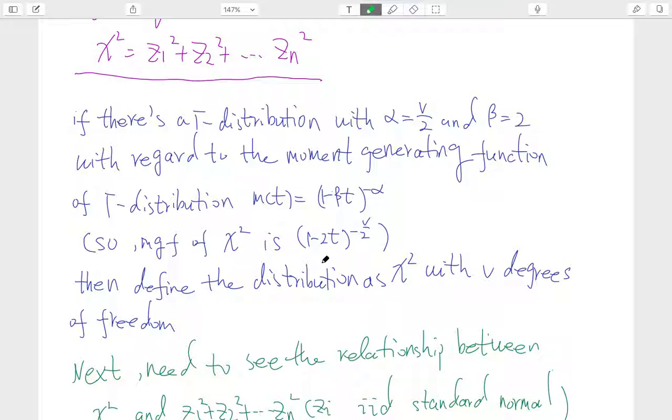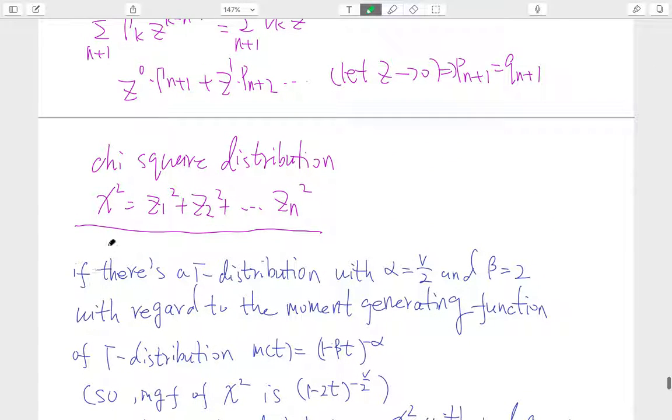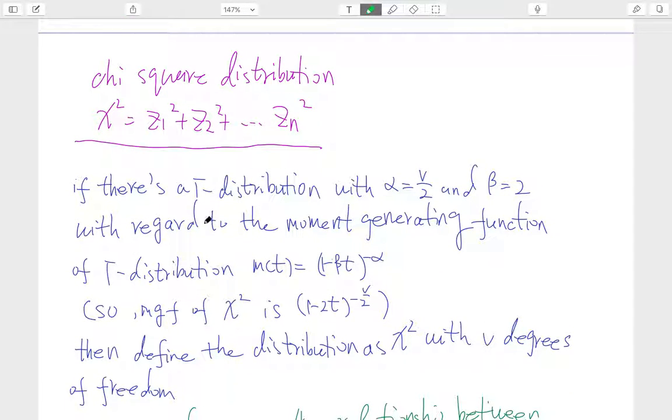And by doing so, we can finally conclude that these two distributions are the same. And we can then say, okay, chi-square is equal to z1 squared plus z2 squared, summed up to zn squared. And we have ended up the proof.